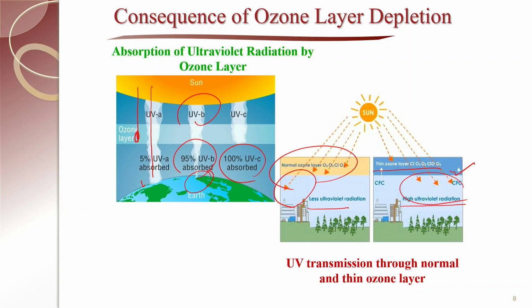So, depending on the location where the ozone layer is thin, there we should be protected properly by some protection mechanism that we have discussed, like particularly by using the sunscreen, or the best way will be protecting by using the UV resistant clothing.